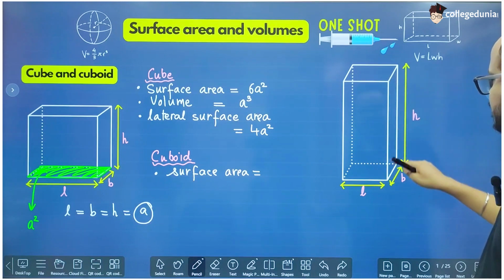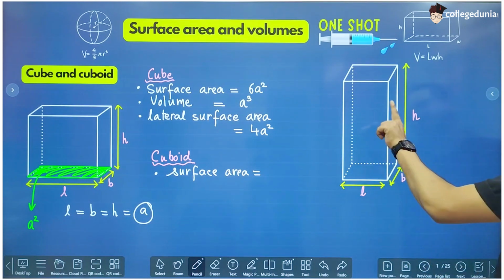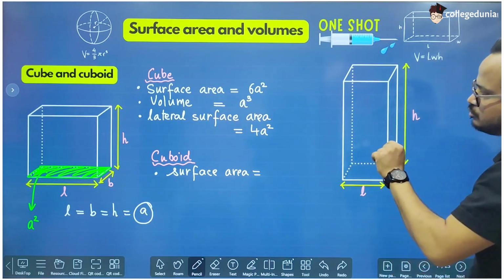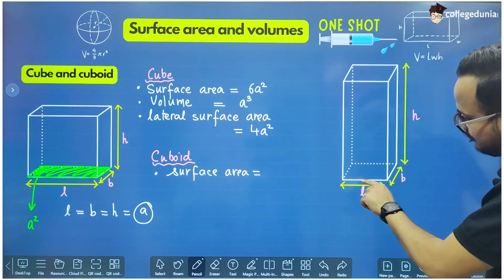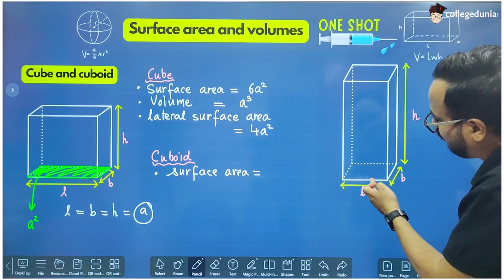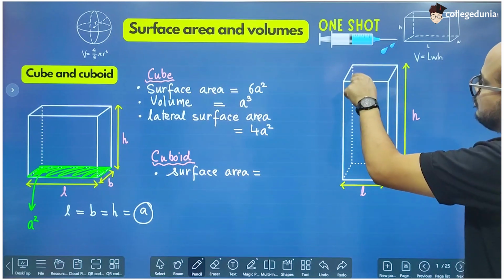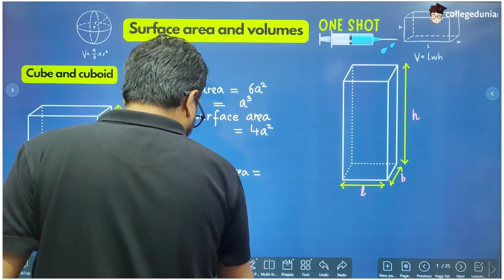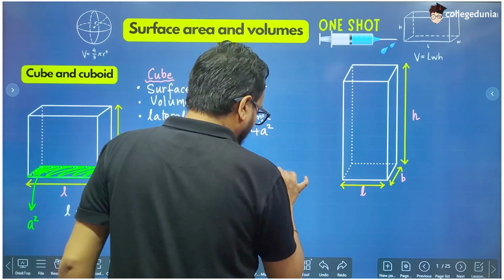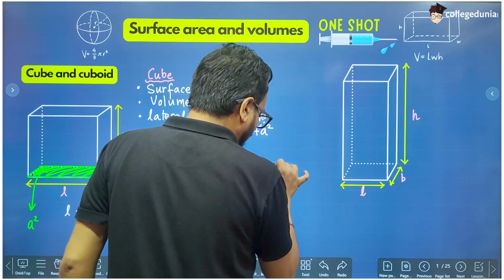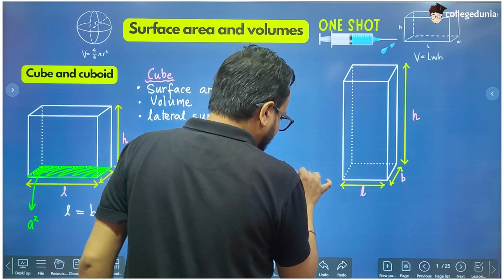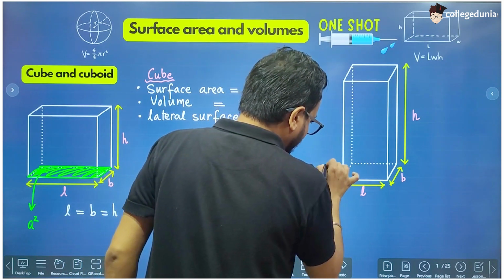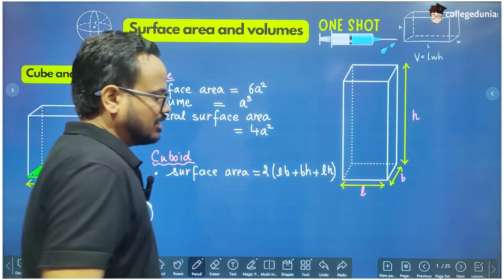Area of this face is B into H, and the area of the face opposite to this one is also B into H. And the area of this face is L into B, and the area of the face opposite to this one is also L into B. So surface area is twice of LB plus BH plus LH, right?